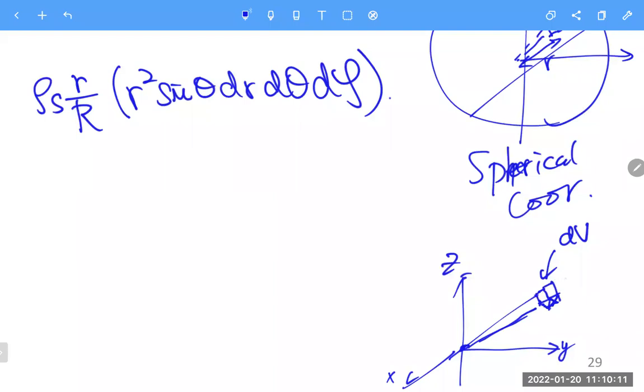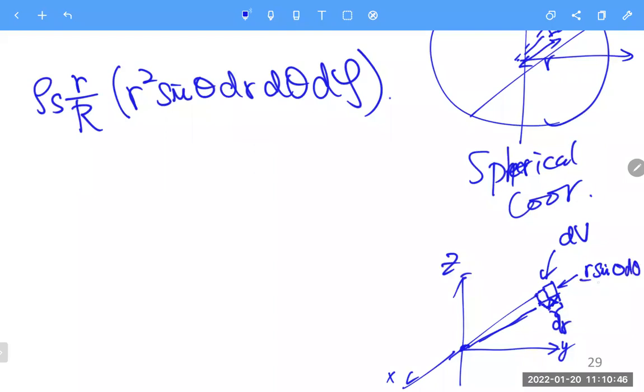And for this one we will have something like r sine theta. Imagine it's a cube, so you need to find the length of the three dimensions. This dimension will be simply dr, and then here will probably be r sine theta d theta.